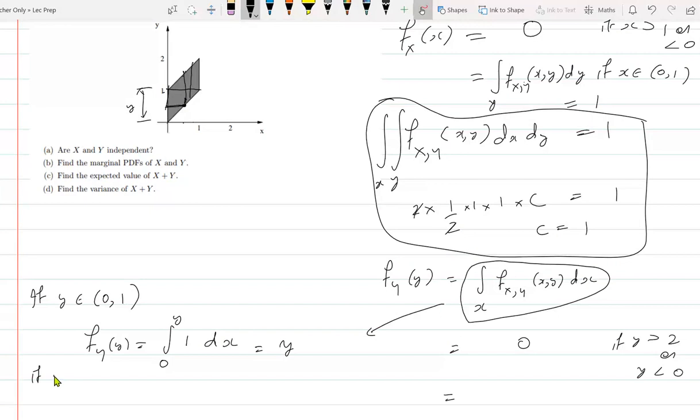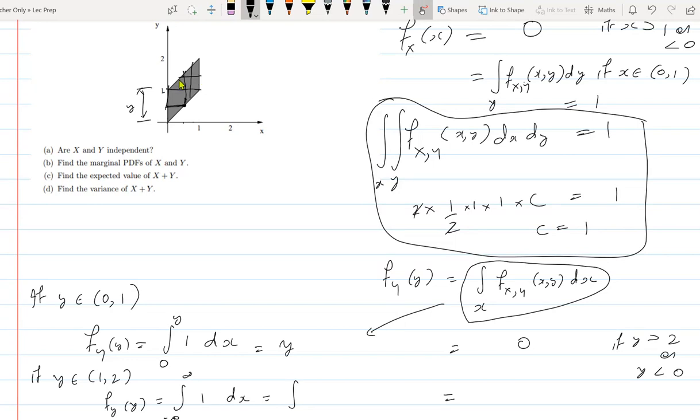Now, if y belongs to, let's say, 1 to 2, what is f_Y(y)? This is the integral dx. Ideally it is from minus infinity to infinity, but there is non-zero probability only in this region.